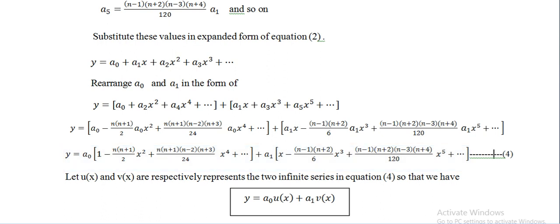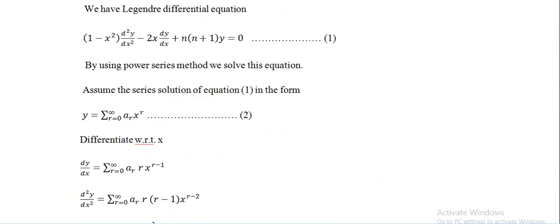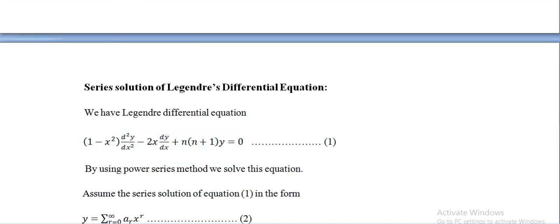Then u of x and v of x respectively represent the two infinite series in equation number 4, so that y can be denoted as a0 u of x plus a1 v of x. So u of x represents the first bracket term and v of x represents the second bracket term. Which is the required series solution of the Legendre differential equation.